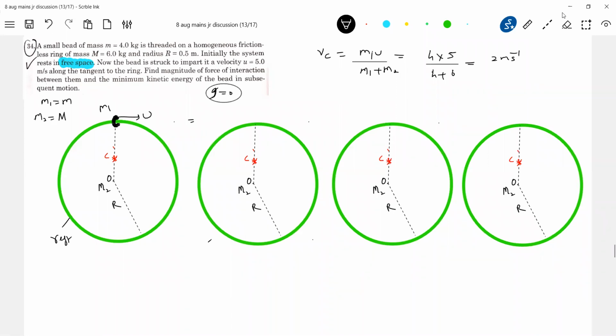The ring, the bead starts. This is a bead, try to understand, and this is a ring. When the bead comes to this position, how will the normal contact be there? Which part of the bead will be in contact like this?